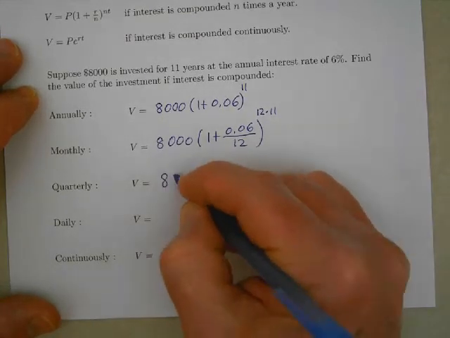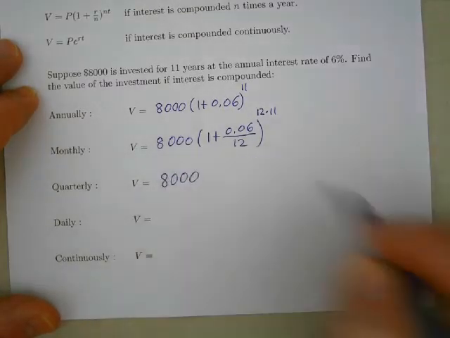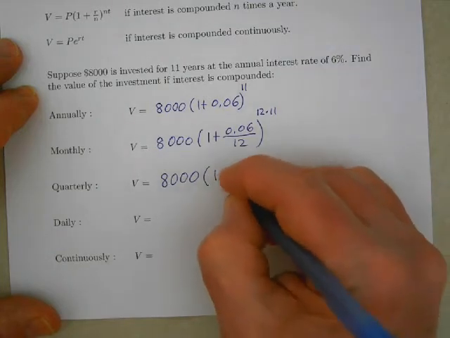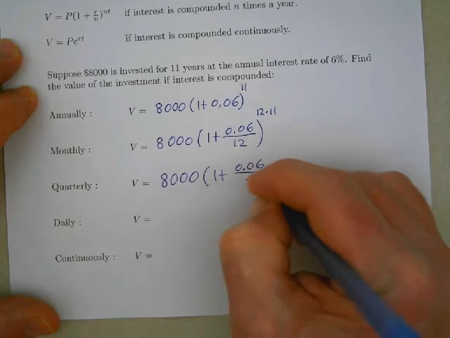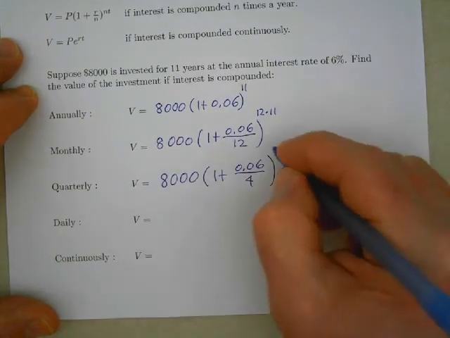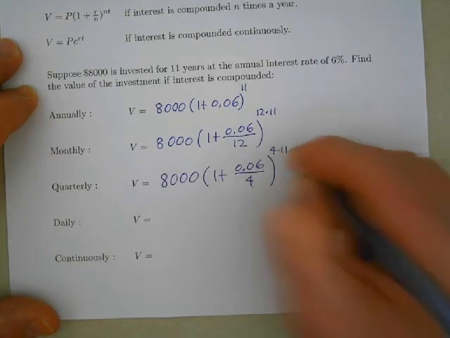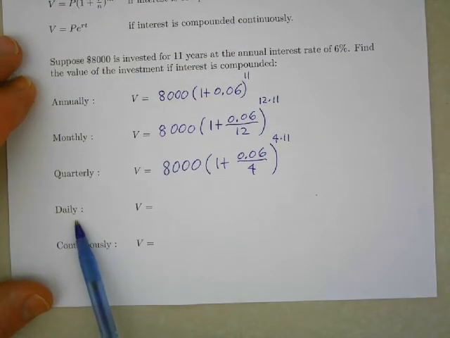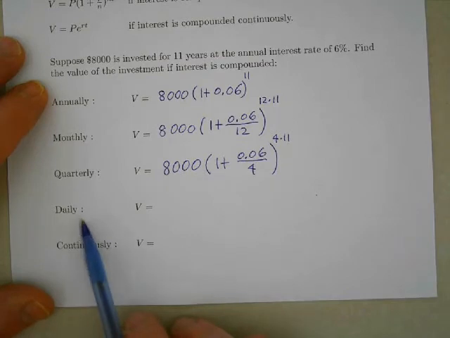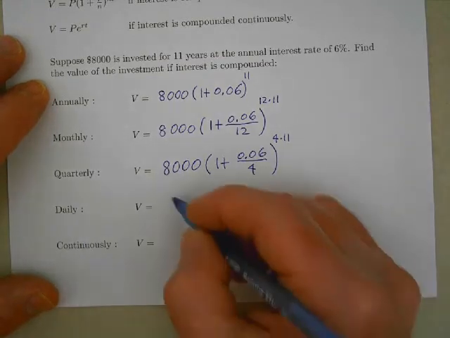So after 11 years, the value of the investment is 8,000 times 1 plus 0.06 divided by 4, and the exponent is 4 times 11, or 44. If interest is compounded daily, then the value of n is 365.